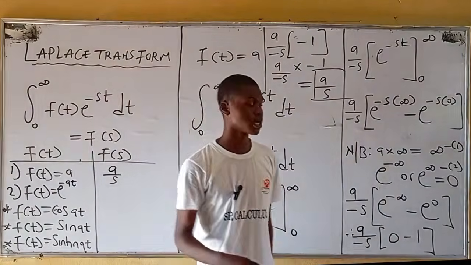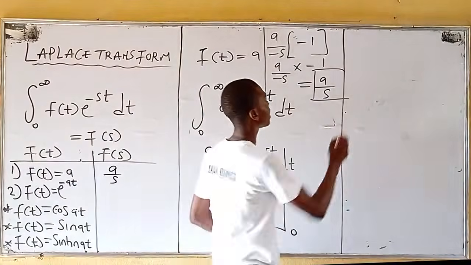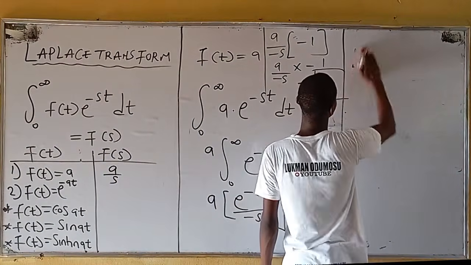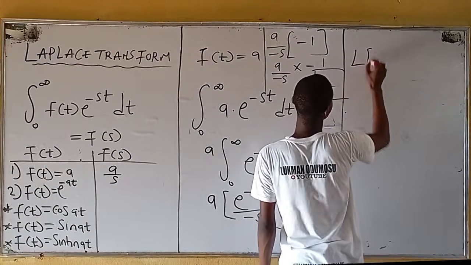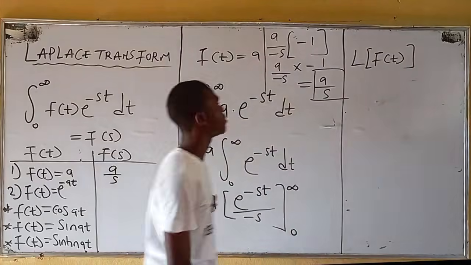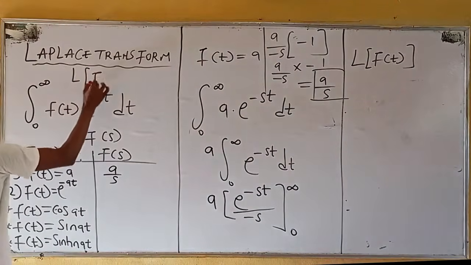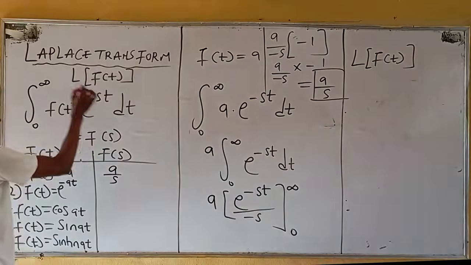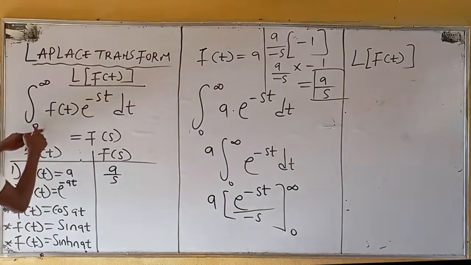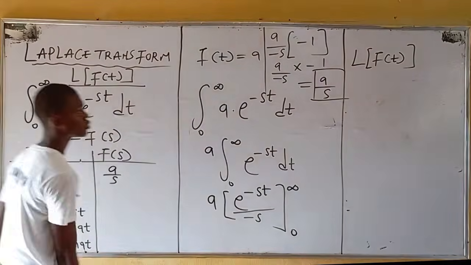So with that, let's take a few examples. Have it in mind how you see the question: find the Laplace transform. This is how you write it: the Laplace transform of f of t is equal to this integral, and the answer becomes F of x, which we've done so far.